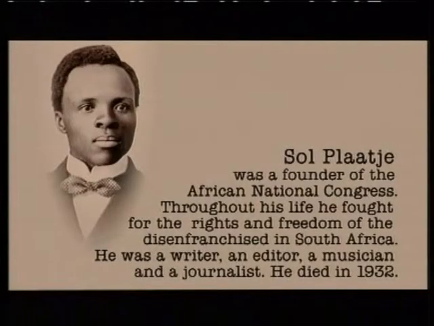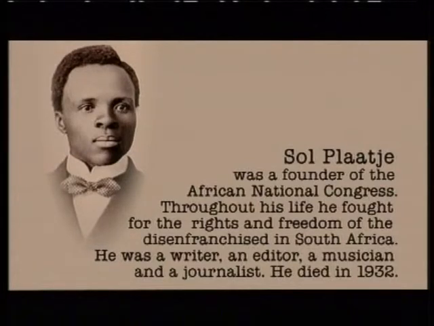Well, now that you're familiar with the basic outline of the story of Sol Plaatje, we're ready to see how the filmmaker has interpreted this. We've just outlined broadly his main achievements, but we haven't gone into much detail. Think back to our quick outline of the things that he achieved.